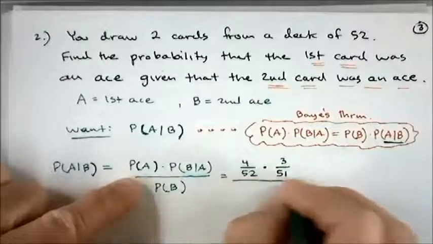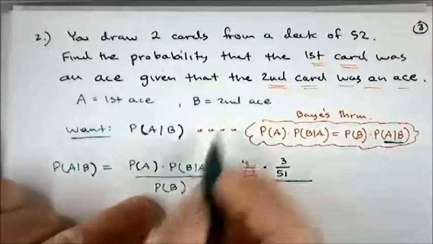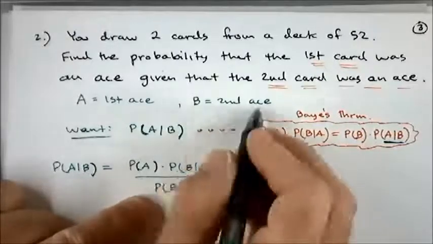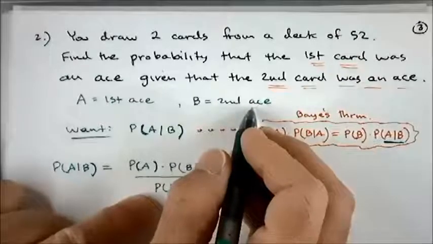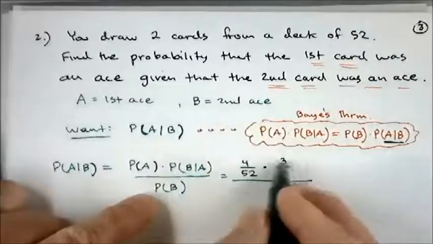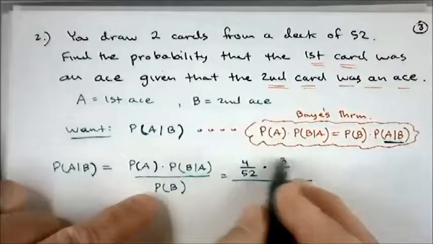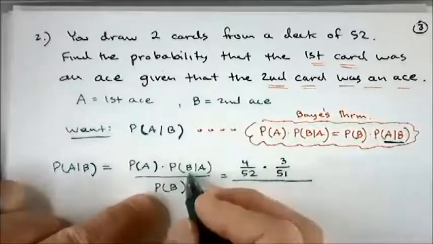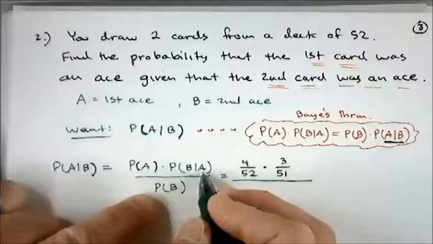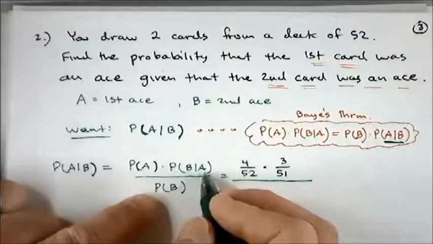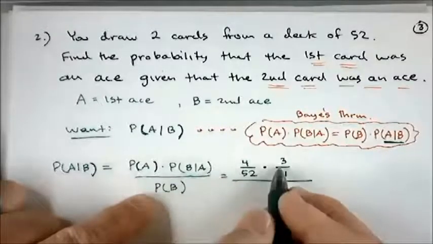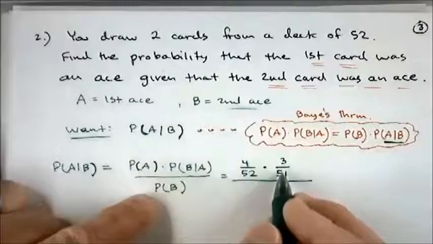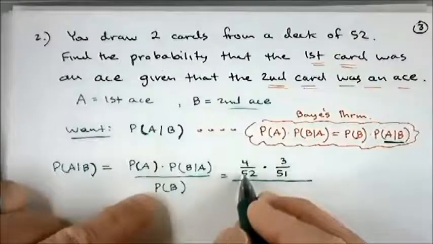Now that needs to be divided by the probability of B, which is the probability that your second card was an ace. And here's where it's not just this, because remember, this 3/51 was the probability my second card was an ace under the assumption that I drew an ace on my first card. But there's another way your second card could be an ace: if you didn't draw an ace on the first card.